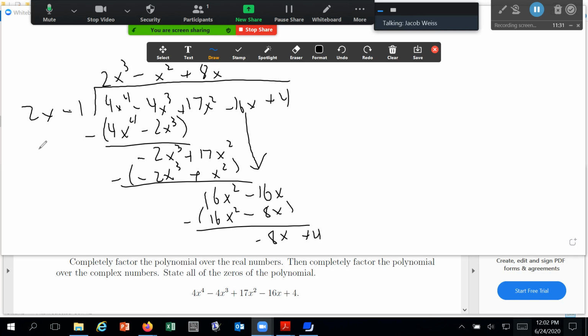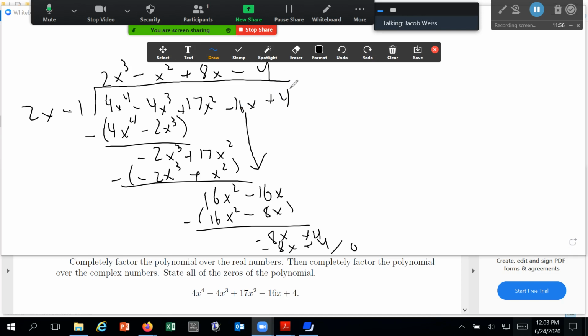All right, and if I do that and then subtract, I get 0. Then negative 16x plus 8x is negative 8x. And then plus 4 to bring that down. So then I have to multiply by negative 4. And that gives me negative 8x plus 4 here. And that equals 0 if I subtract them, right? Okay, so there we go.